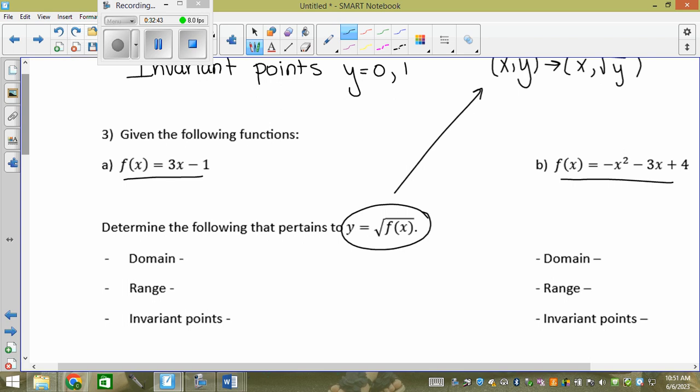if they give you an equation, can you not just type square root 3x minus 1 into your calculator? Yep. Type it in.